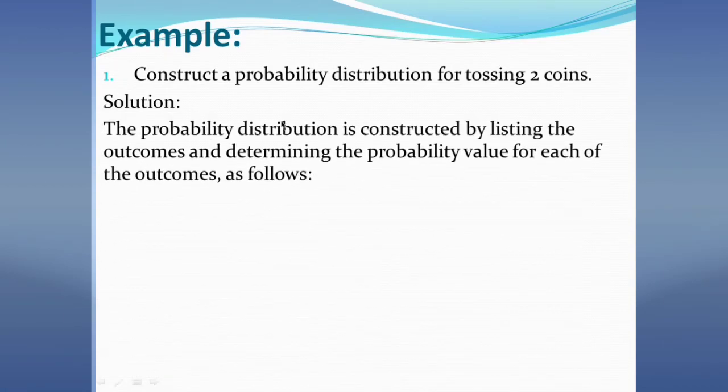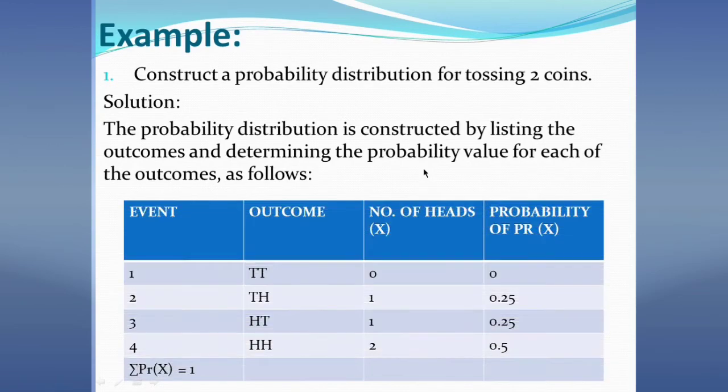Let's proceed to our given solution. The probability distribution is constructed by listing the outcomes and determining the probability value for each of the outcomes as follows. Ito po yung given table. If we toss 2 coins, 4 po yung possible outcomes.